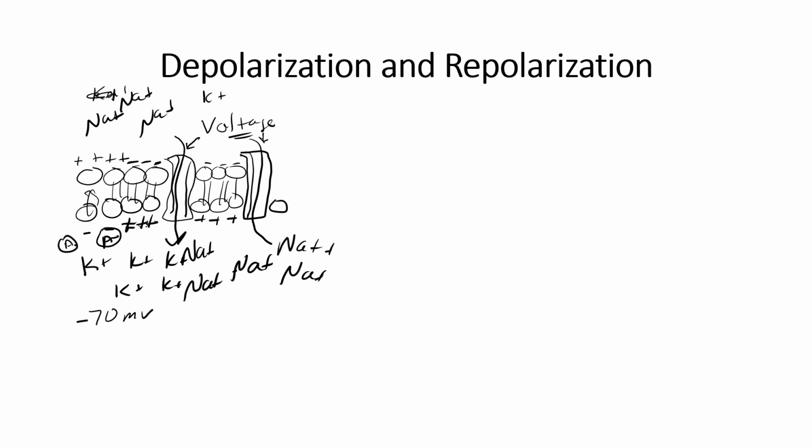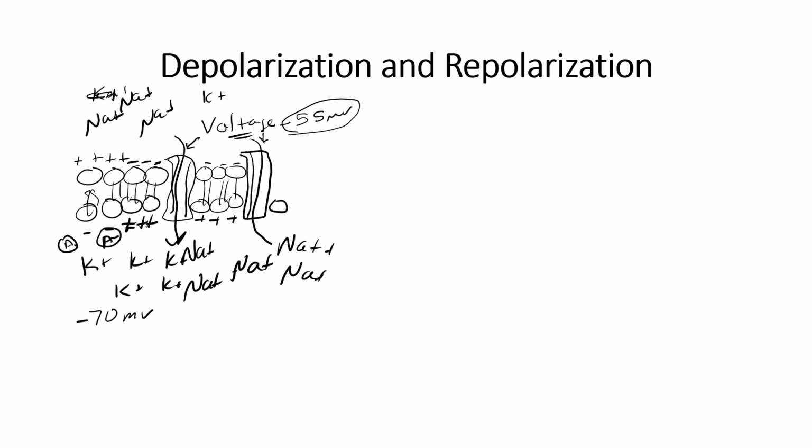For example, it gets to maybe negative 55 millivolts, or whatever the particular voltage is, on this particular part of the membrane. When it gets to that voltage, this channel will open, and it is only open when it gets to that voltage. When that happens, sodium can rush into the cell.